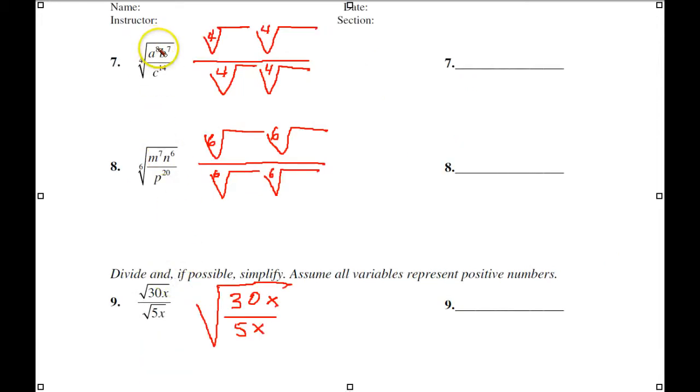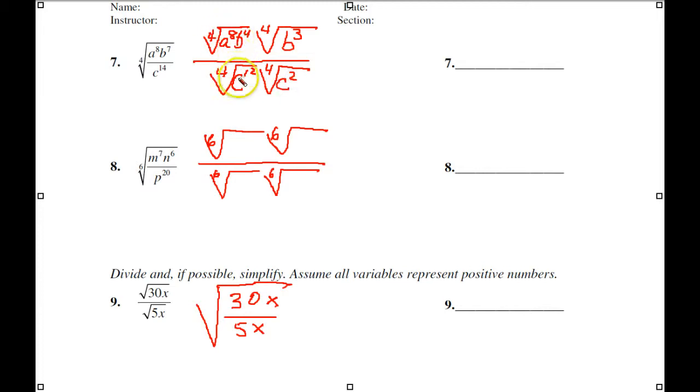Working on strategy again, we've set some stuff up. We're now going to put a to the 8th, b to the 4th, and what's left over is b to the 3rd. And then here we're going to go c to the 12th, c to the 2nd.